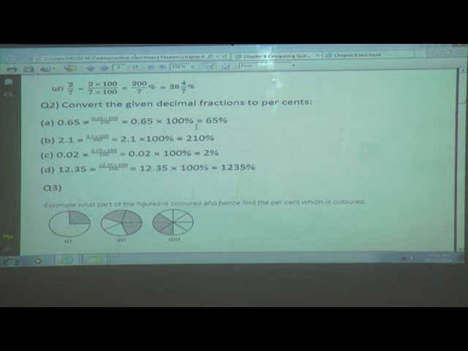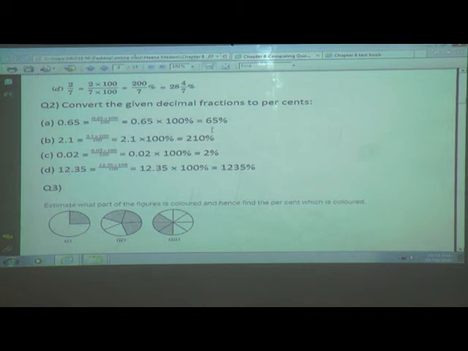When it is multiplication, you are very well known to this. Just we have to jump this decimal 2 digits forward, because it is multiplied by 100. So when it is multiplied by 100, the decimal will go 2 digits forward, so it will be 65%.